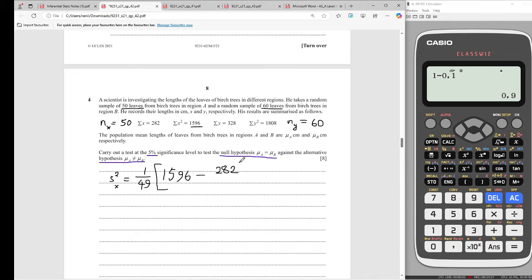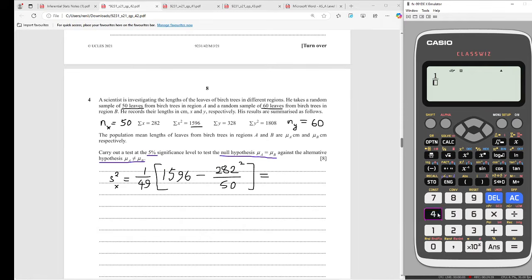That's all that's being done. So I'm going to plug that into the calculator: 1 by 49, 1596 minus 282 squared divided by 50, which is the total number of samples from x.